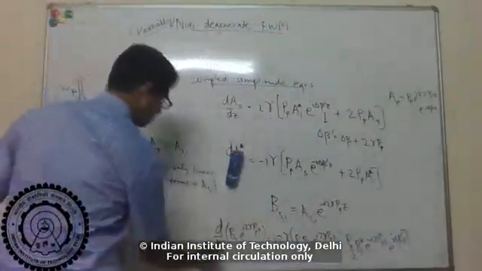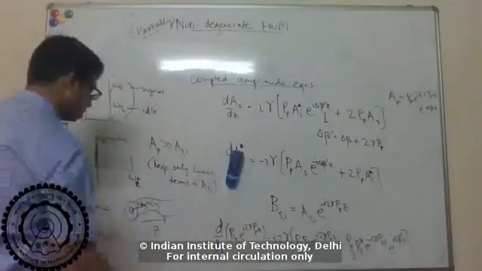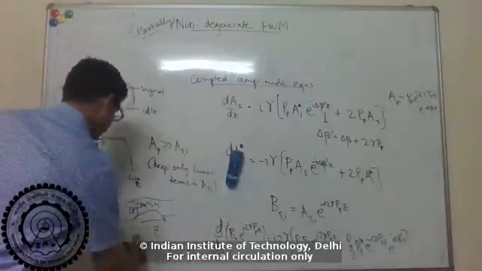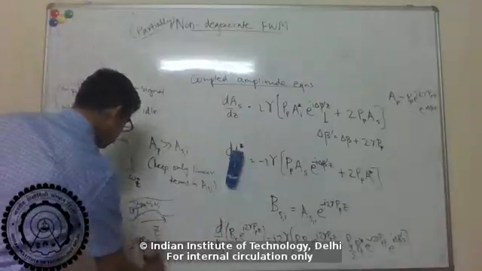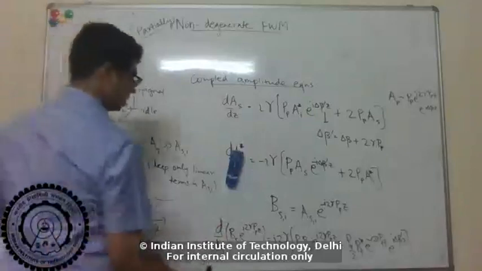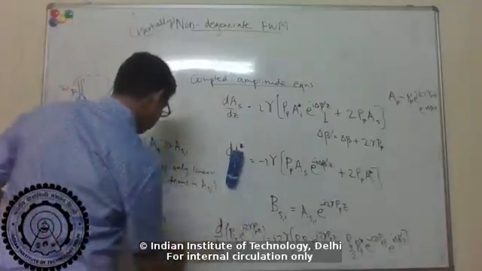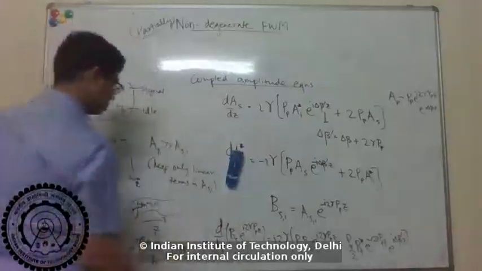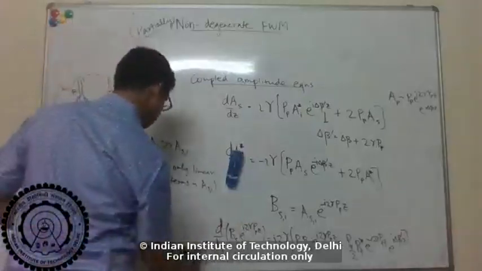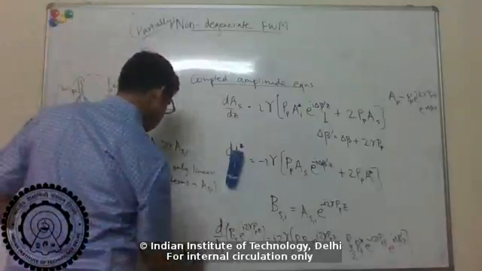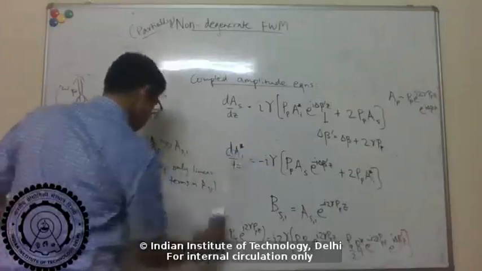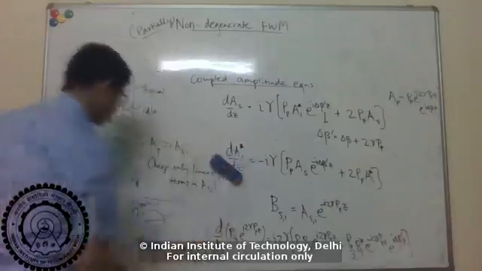So here you can see on the left hand side we get two terms. One will be this, and the other term will be i 2 gamma P_p.